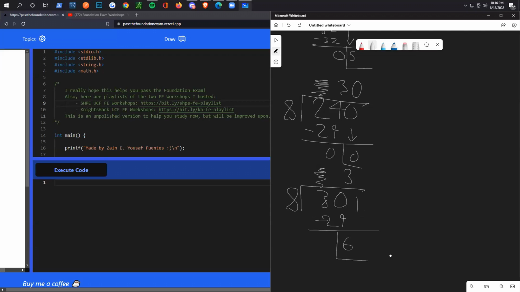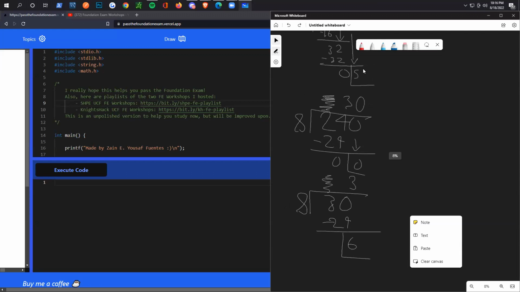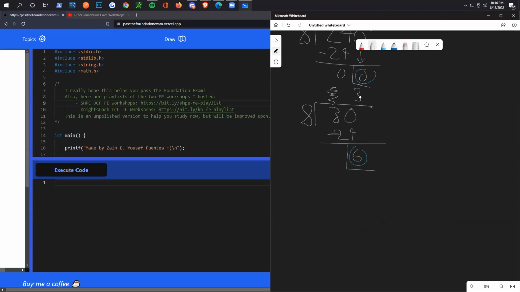There's nothing to bring down. So far we have remainders of 5, 0, 6. And we have 3 left. 3 is not 0. So how many times does 8 go into 3? It goes in 0 times. So at this point, this is where we stop.